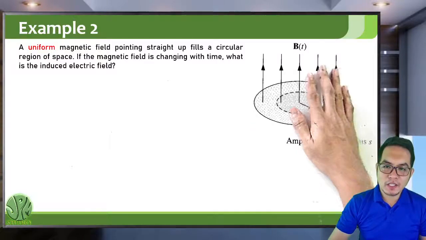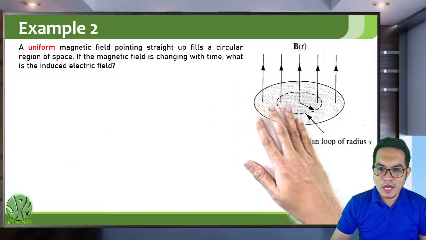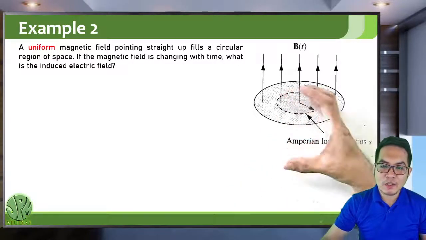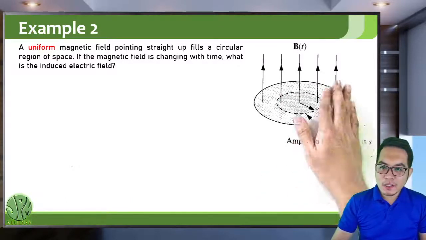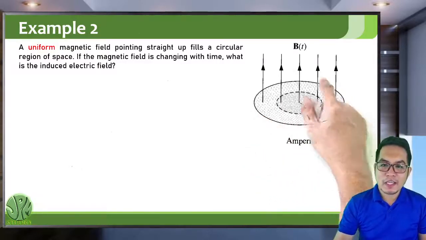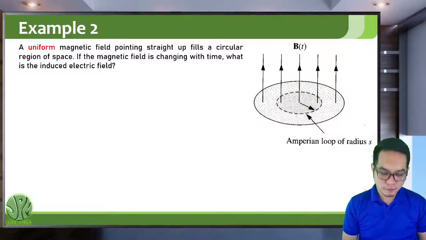Basically this is just a sheet, and as you recall, when you discuss the electric field of a sheet of charge, you actually start with a circle and then increase the radius until it becomes an infinite sheet of charge. So there's actually no loop here, but we are trying to find the electric field in the region perpendicular to the magnetic field.